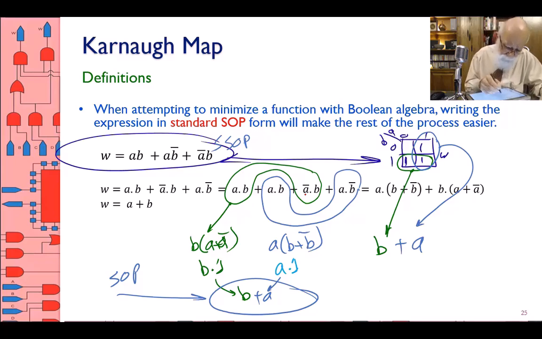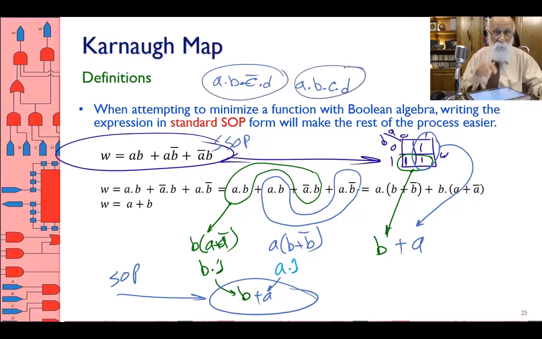Let's do another one. I have A AND B AND C bar AND D, and then I have another one, A AND B AND C AND D. This is a product term, this is a product term. Both of them have 4 variables. 3 of the variables are exactly the same: A, B, and D are the same.